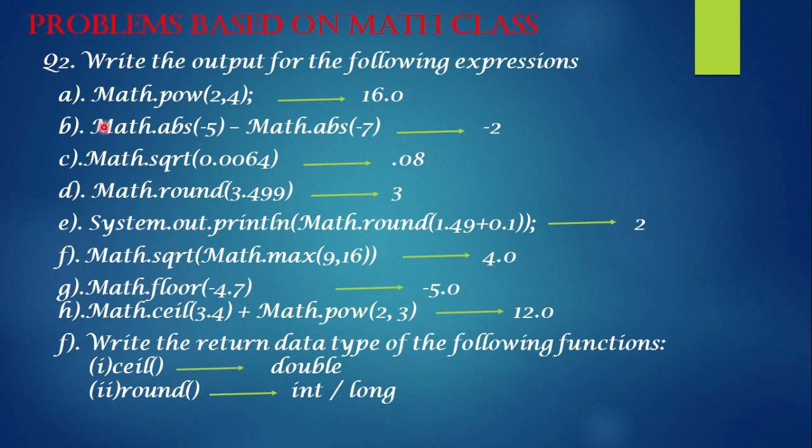See, this type of question also can come. Math dot pow 2, 4. What will be the output of this? When you calculate 2 to the power 4, 2 into 2 into 2 into 2, that means 16.0. Don't write 16, it is 16.0 because the return type of math dot pow function is double.